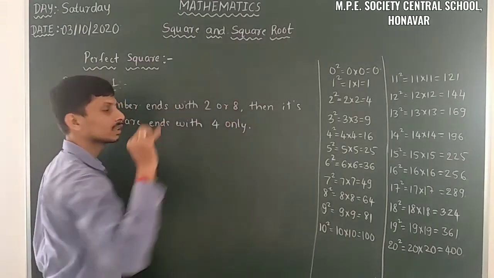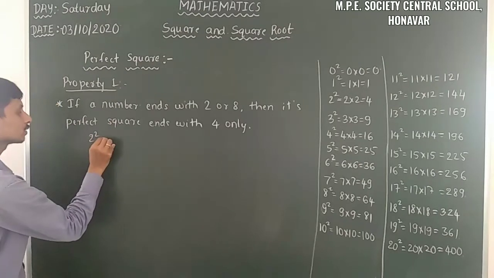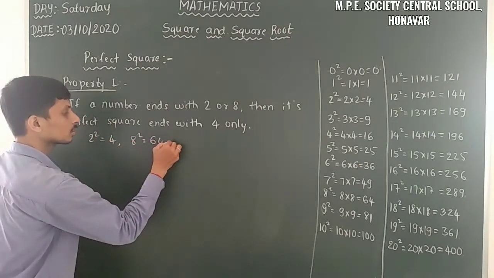There are no other possibilities. So it is 4 only. For example, we can write 2 square is equal to 4, and 8 square is equal to 64, then 12 square is equal to 144, then 18 square is equal to 324.